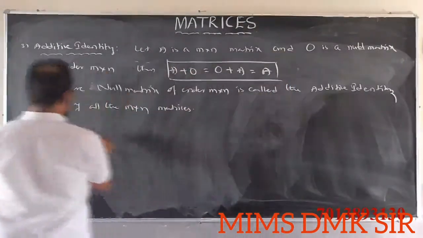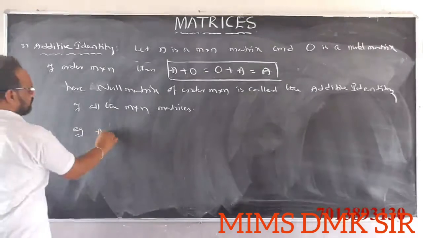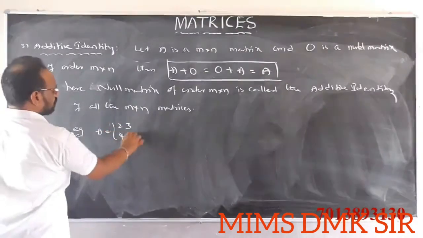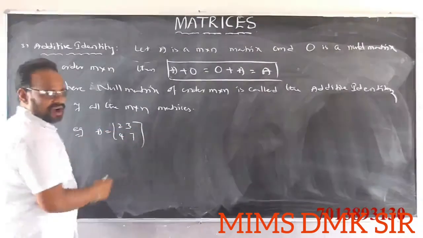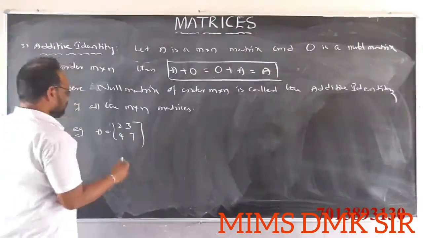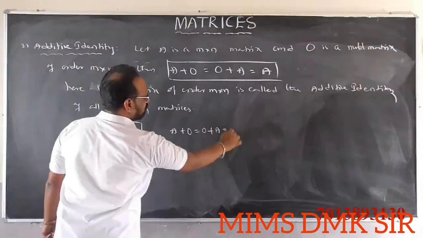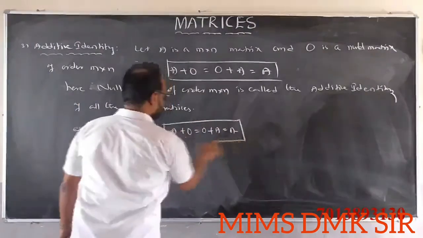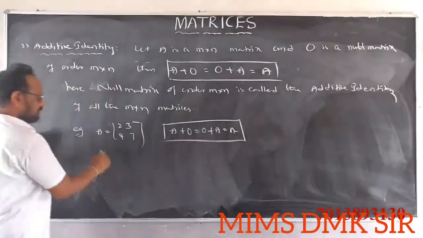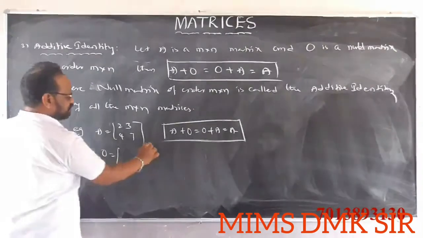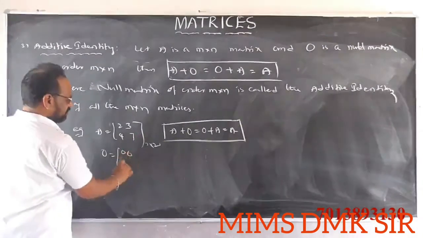Observe here, for example, if A is equal to [2, 3; 4, 7], we want A plus 0 is equal to 0 plus A is equal to A. Here 0 is a null matrix of this order, 2 by 2, so we take [0, 0; 0, 0].